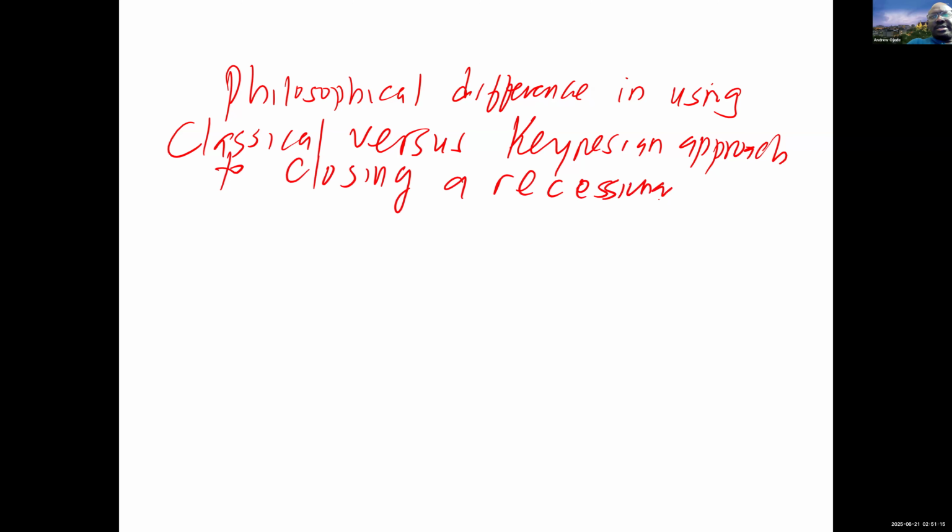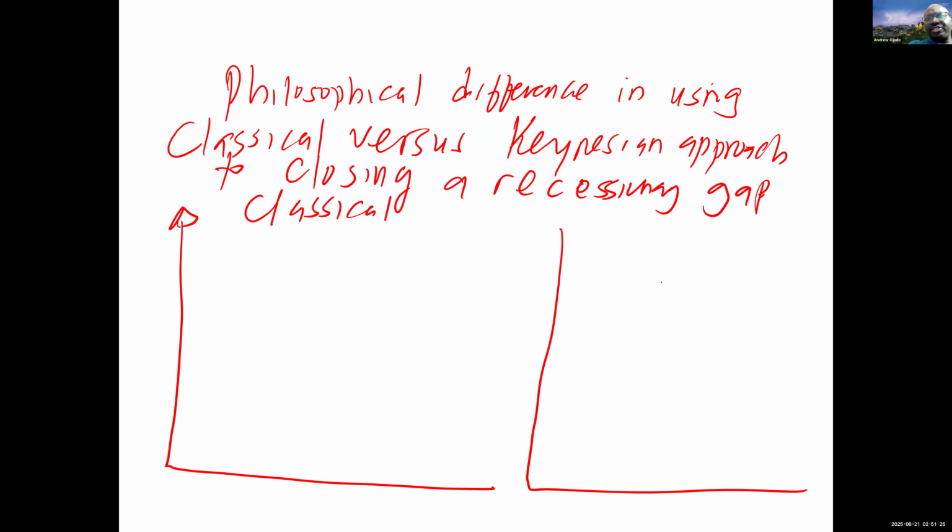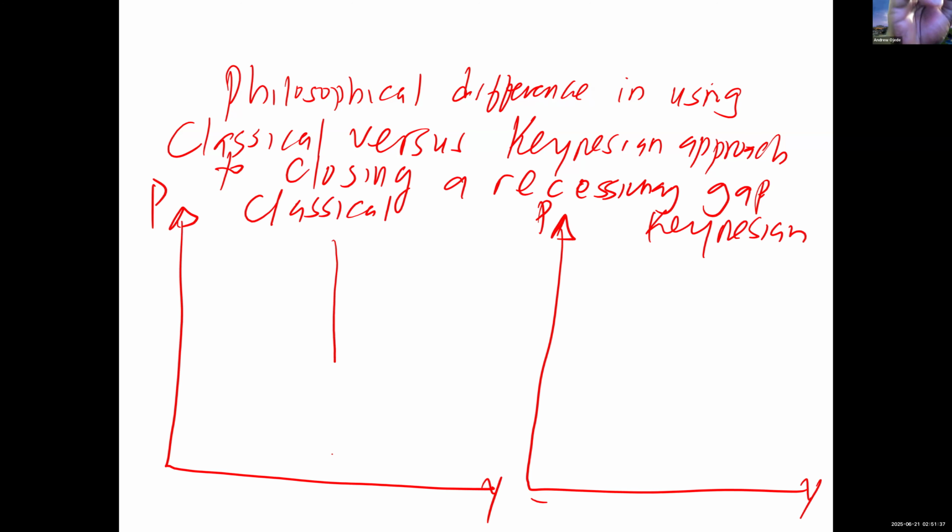So if you quickly draw this, let's say this is the classical approach, which we already talked about, and then you have Keynesian here. We're talking about price level here, output here. In both cases, we're going to assume the economy was at full employment with long-run equilibrium, when all these curves intersect.